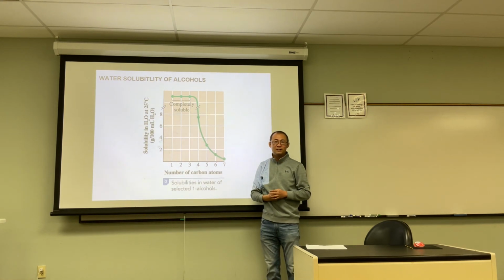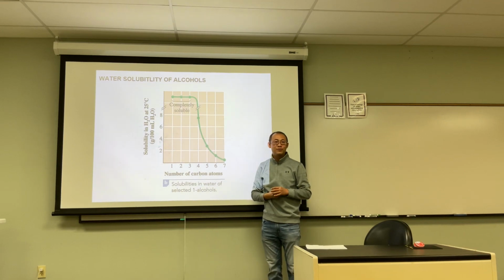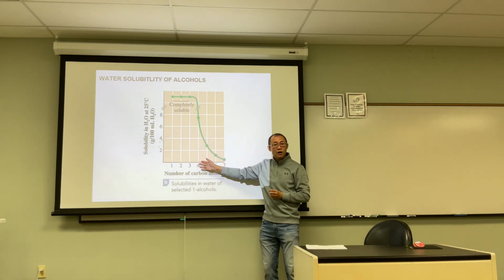That's all you need to summarize. Like I said, I won't ask you to summarize; you have to be able to summarize and know these facts. Does it make sense, guys? Everything for water solubility, why they're soluble and why the solubility decreases. Please know the trend.